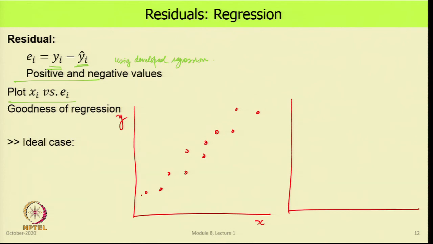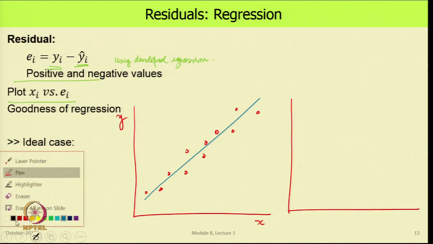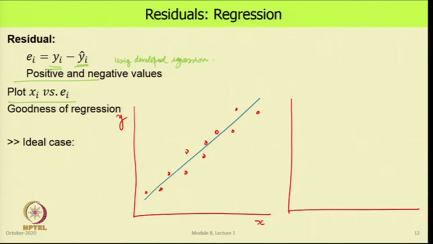And when we made the regression, we would get a line, and then when we plot the residuals, we would be plotting this as E_i. So, at this value of x, this is the value of E_i, and that is what we will plot now here.